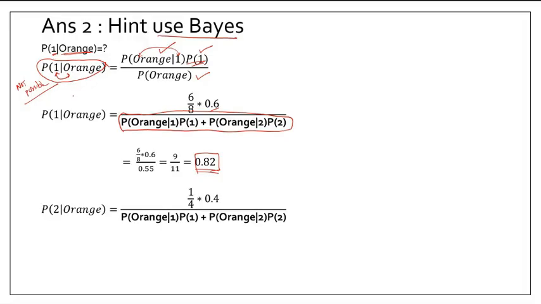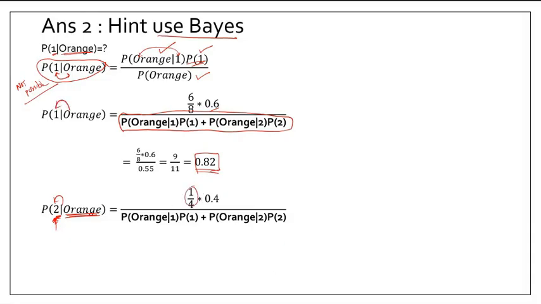Now similarly I can calculate the probability that it is coming from the second container. So container 2 given orange. I am again interested in finding the probability that it is coming from container 2, and I have an orange in my hand. I don't know from which container it is coming, so I am calculating these two things.